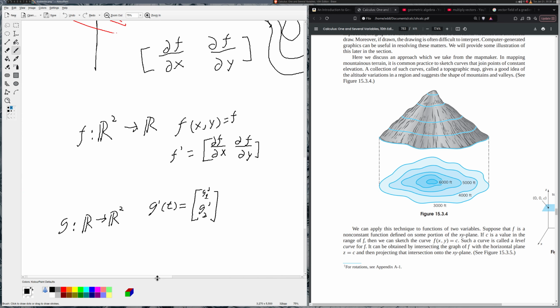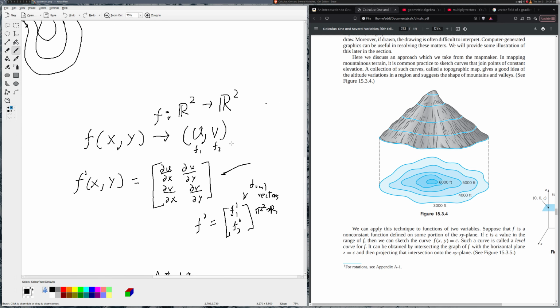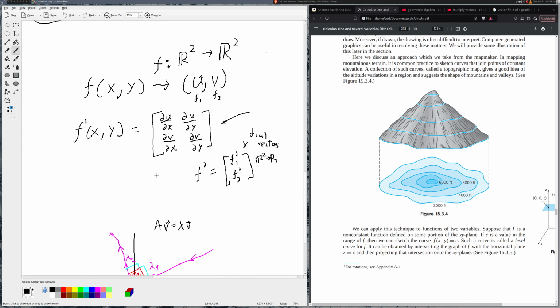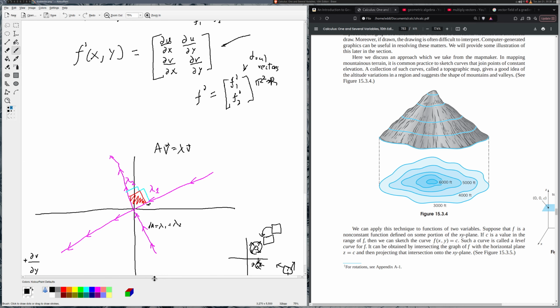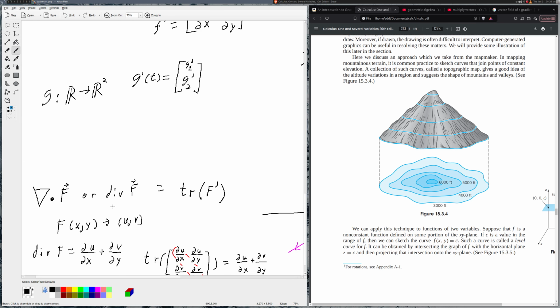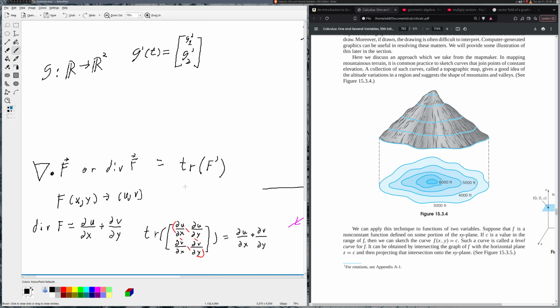The Jacobian works like this; you can look it up yourself. And this is a really cool fact about divergence: the divergence is just the trace of the Jacobian of the vector field. And that's all I have to say for now.